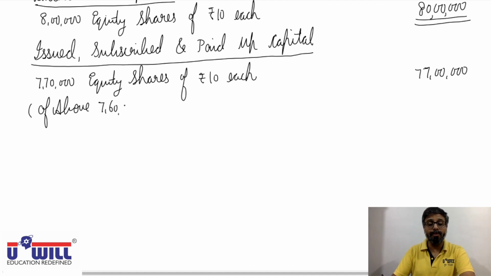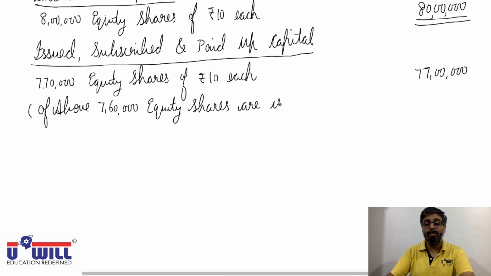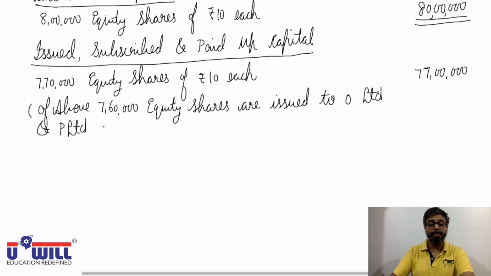Of above, 7,60,000 equity shares are issued to O Limited and P Limited for consideration other than cash.